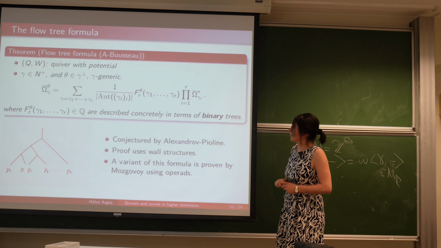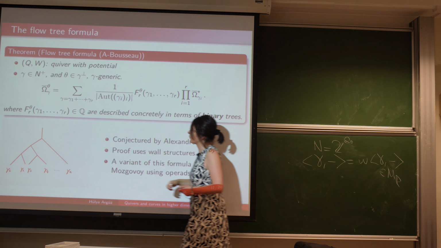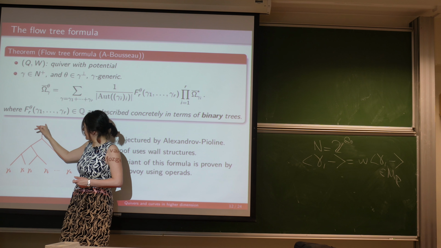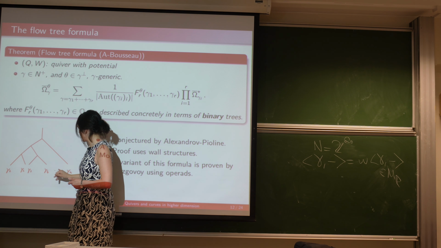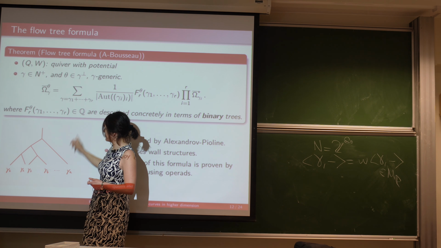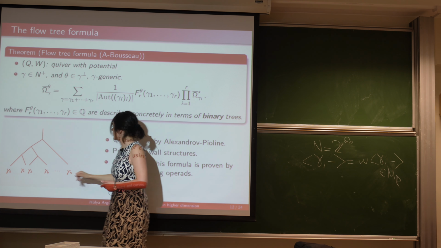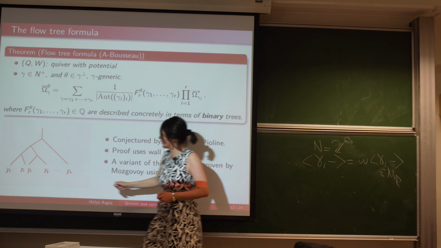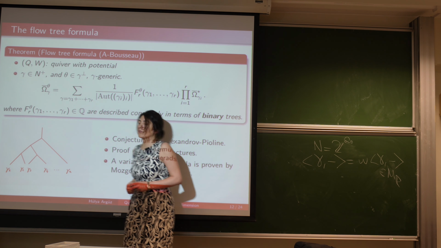And binary trees are those which are trivalent and such that they have as many leaves as the number r of parts if you decompose your gamma into gamma 1 to gamma r. And to each leaf, you can think of associating the gamma_i's.